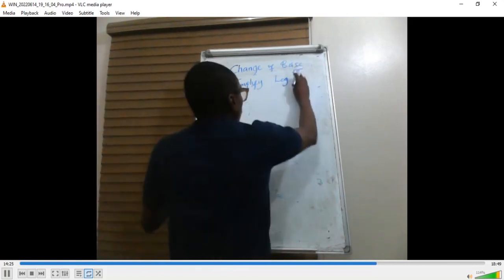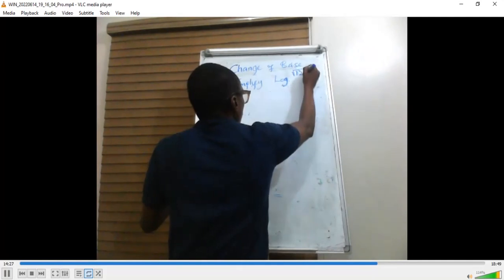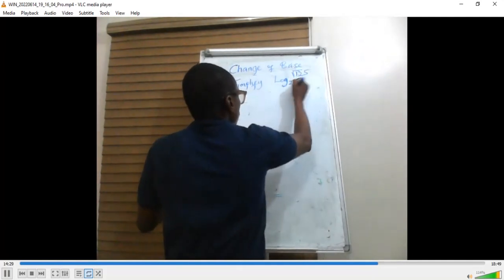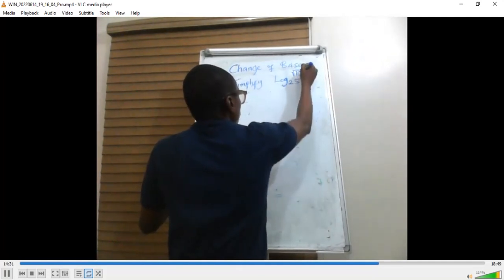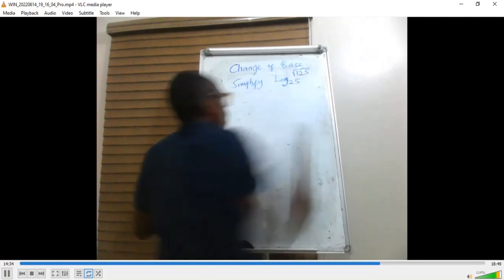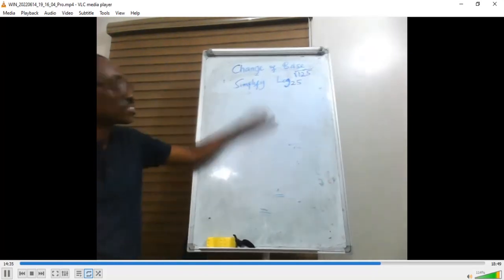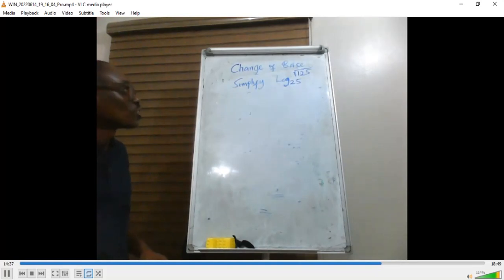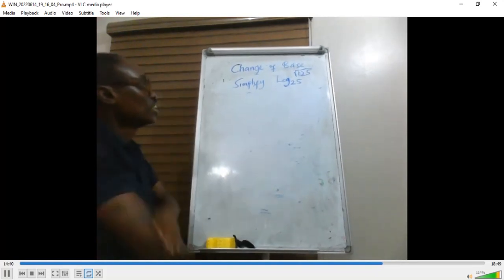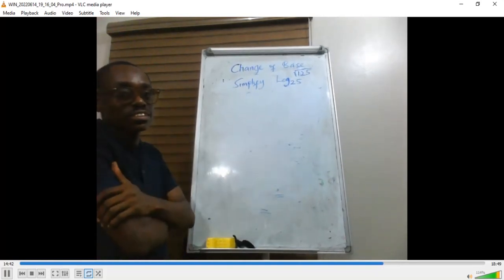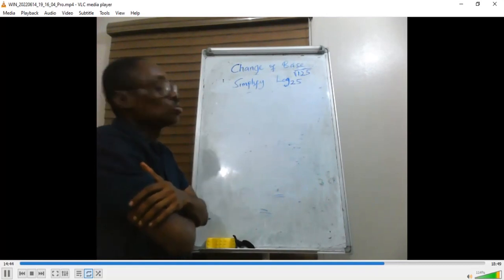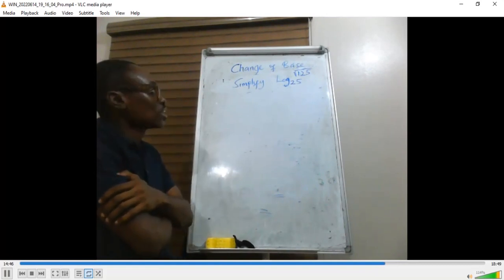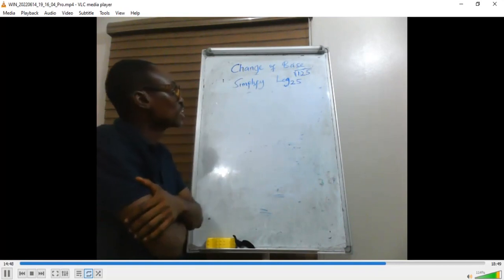Okay. Root 125 to base 25. So, in this instance, how do we solve this? How do we proceed?